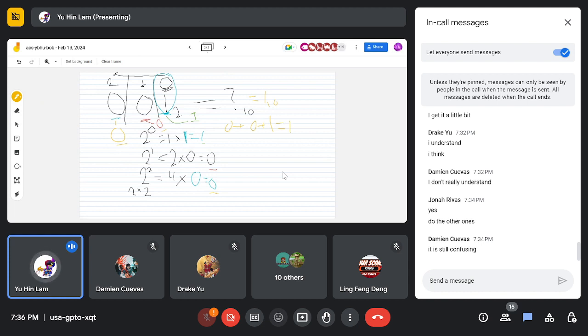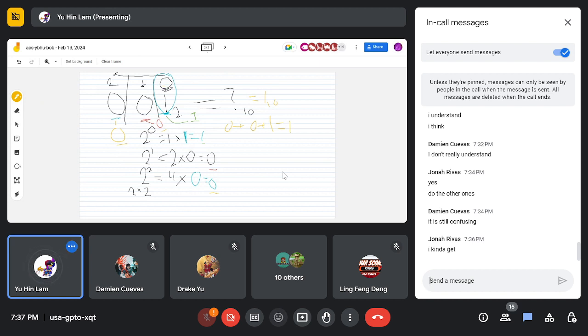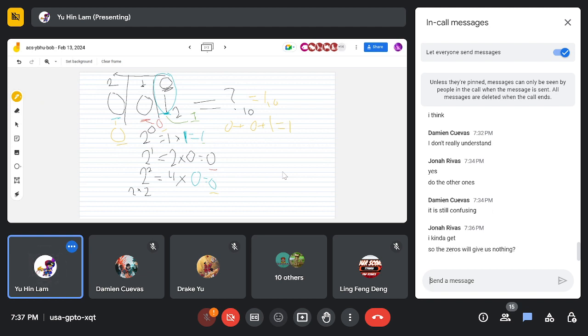All right, so is there still any more questions about converting binary to decimals? All right, so how about let's go back to converting our binary numbers to octal.